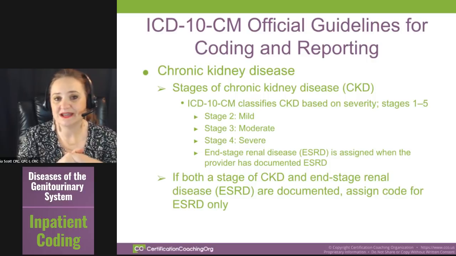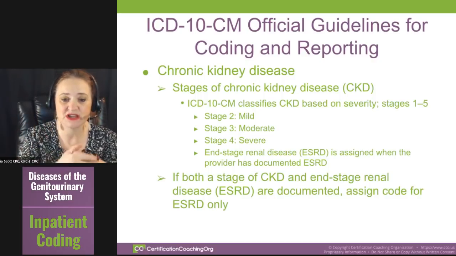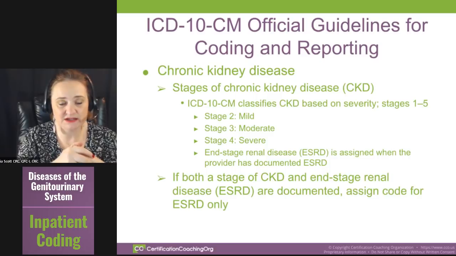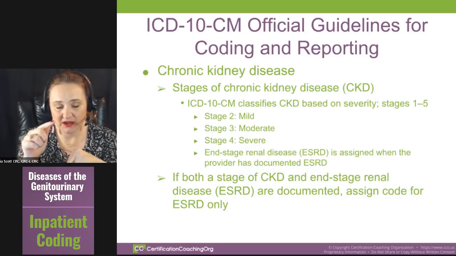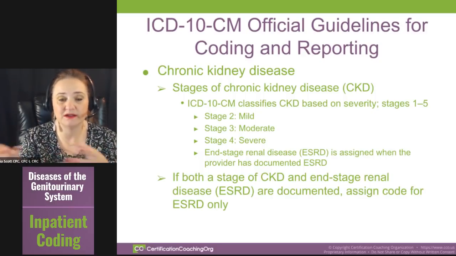With CKD, the first thing to remember is that there are stages of CKD. There's 5 stages, and it's really nice because in the code for CKD, N18 point, the character right after the point is going to be what stage it is. So CKD 1 is N18.1.